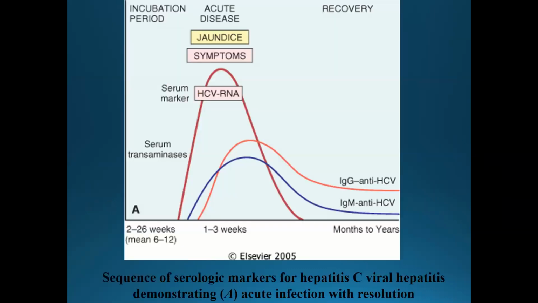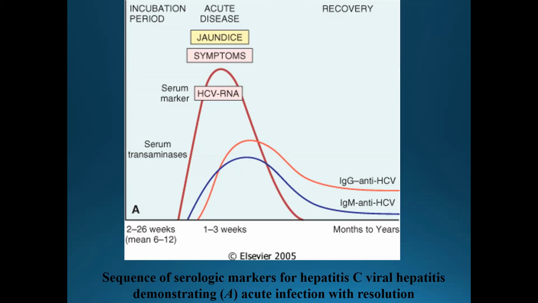The incubation period for hepatitis C viral infection ranges from 2 to 26 weeks. Hepatitis C viral RNA is detectable in blood for 1 to 3 weeks, coinciding with elevations in serum transaminases.